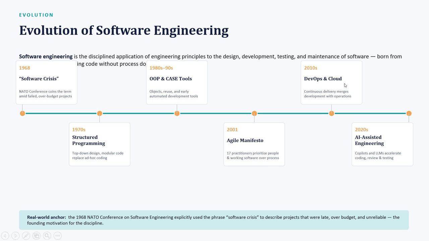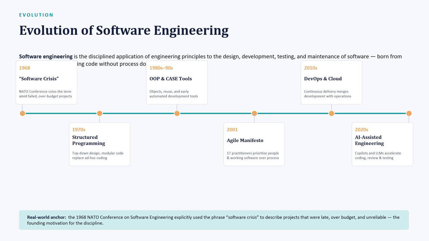DevOps and cloud, continuous delivery merges development with operations. In the next part, in 1970, structured programming, top-down design, modular code replace ad hoc coding. In 2001, Agile Manifesto. In 2020, AI-assisted engineering, copilots and LLMs accelerate coding, review and testing.